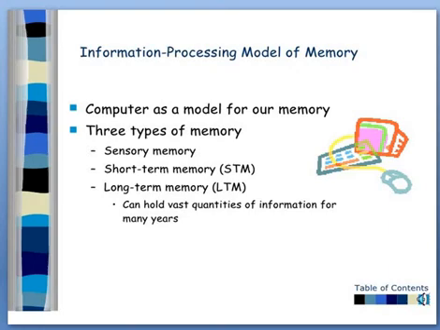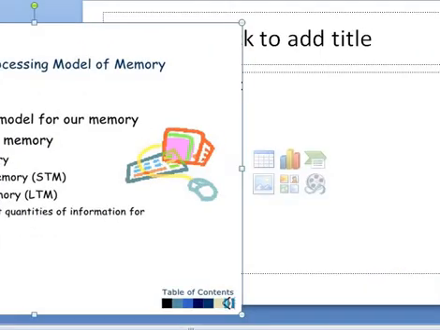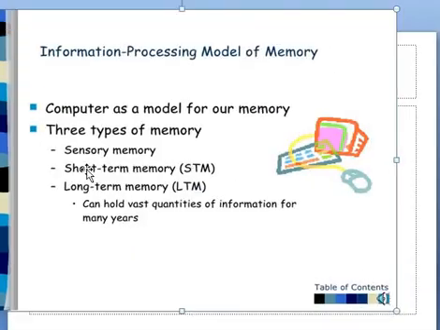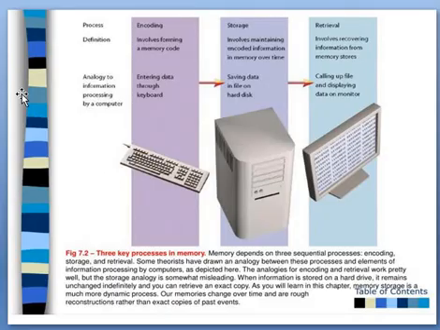This analogy led to the development of the first model of memory, which was proposed by Atkinson and Shiffrin. It is also known as the stage model. So here you can see the processes of this model: encoding, storage and retrieval.